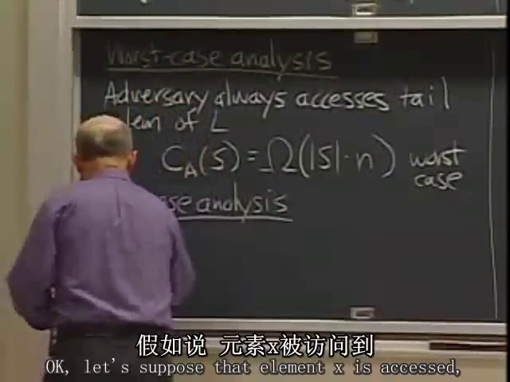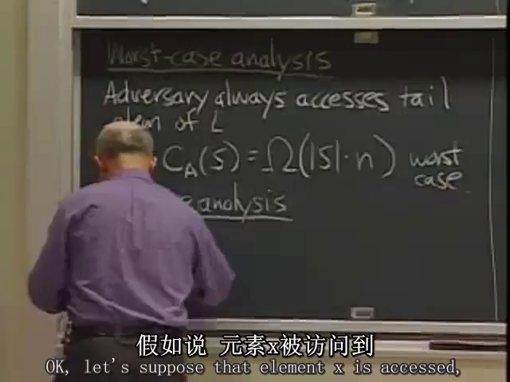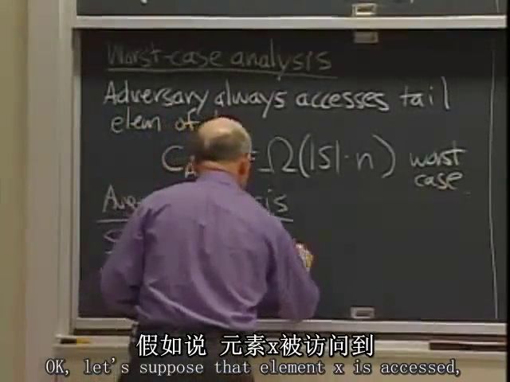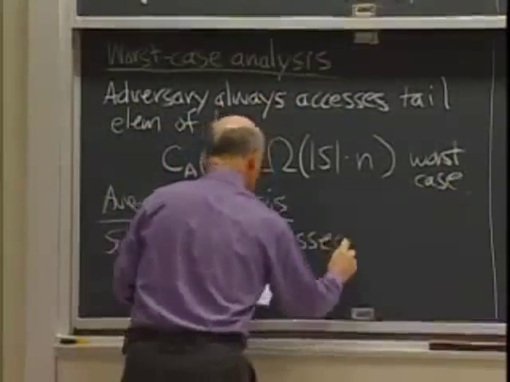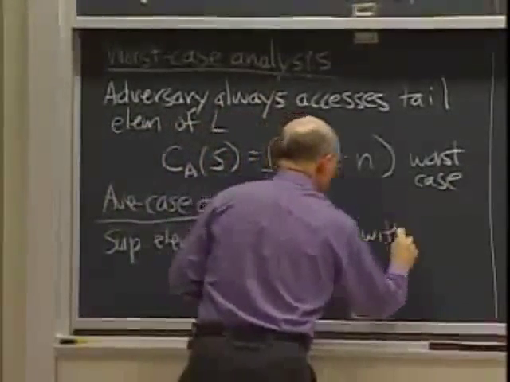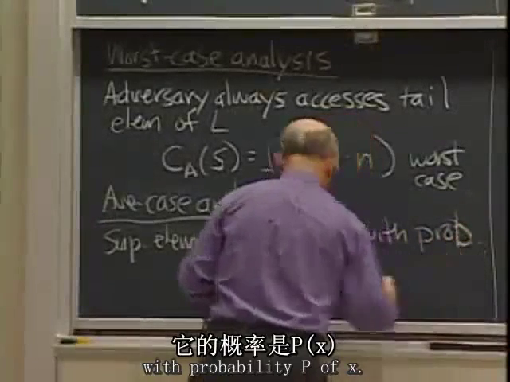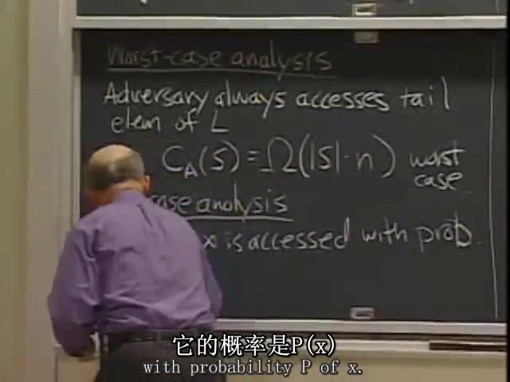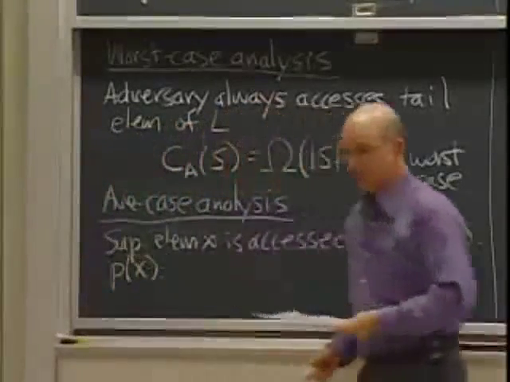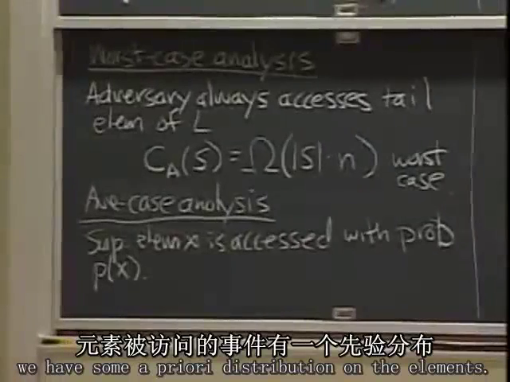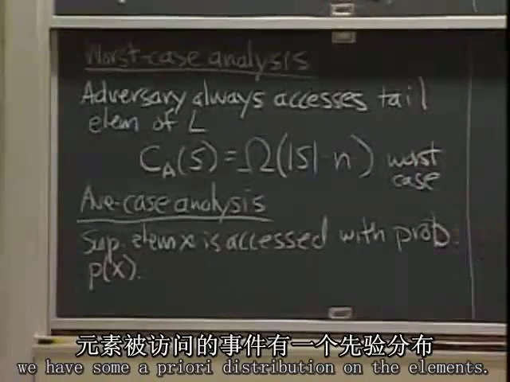Let's suppose that element X is accessed with probability P of X. So suppose that we have some a priori distribution on the elements.